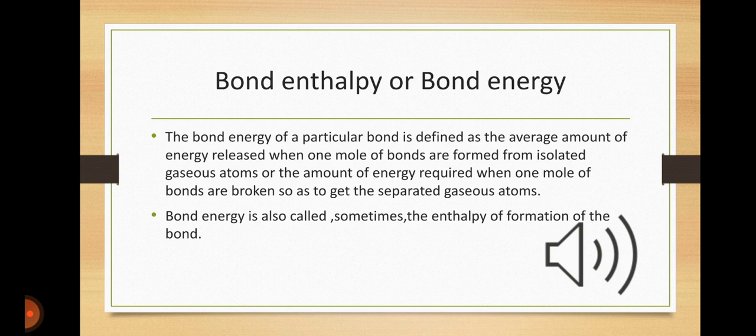This is called the bond enthalpy or bond energy. Bond energy is also sometimes called the enthalpy of formation of the bond. So, some of the bond energies are listed.